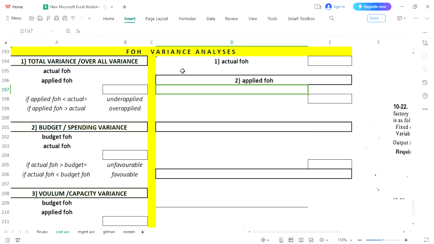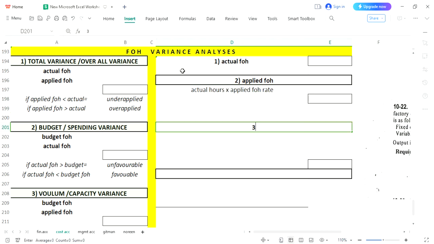Here you will write its formula. How? You will be multiplying actual hours with applied FH rate. The third element to be calculated is budget FH, and it has two elements. First step, multiply actual hours with variable FH rate.